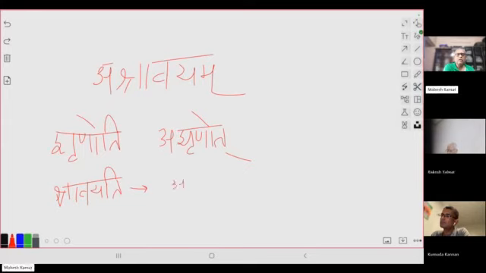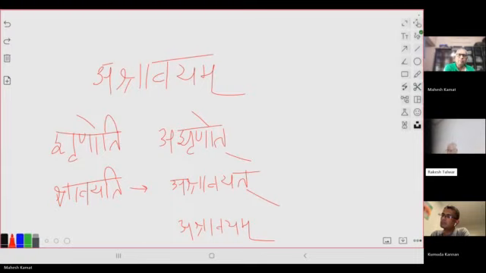So now lang lakara will become what? Ashravayat. Correct, no? Uttama Purusha will become what? Ashravayam. Agreed. Any questions? So what is this grandmother saying?